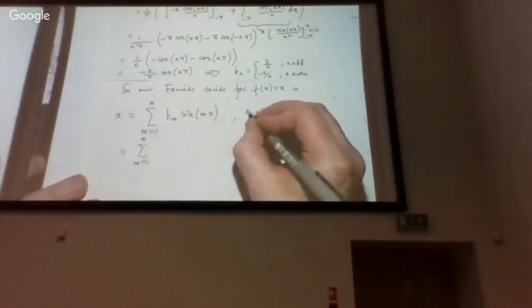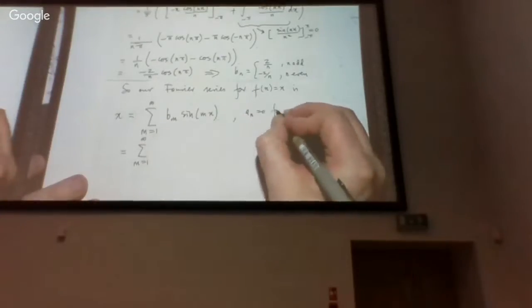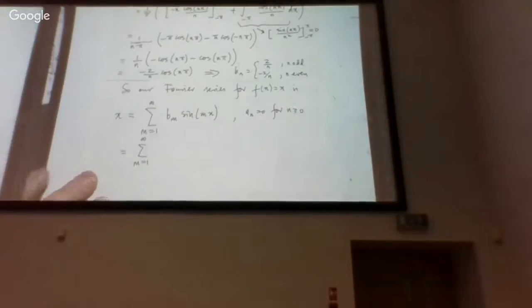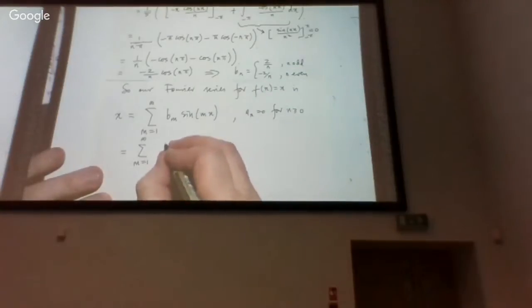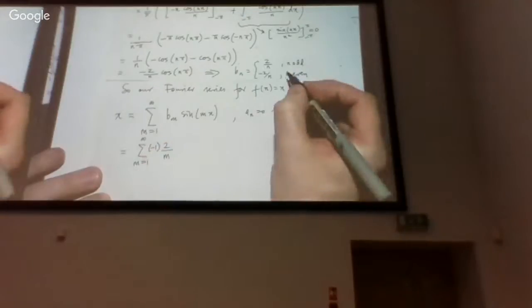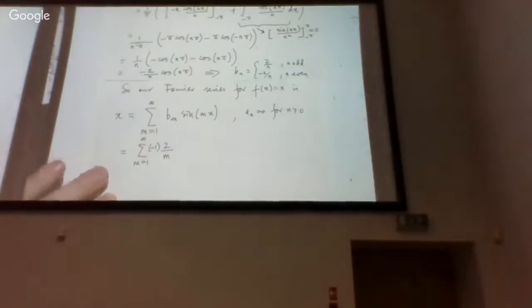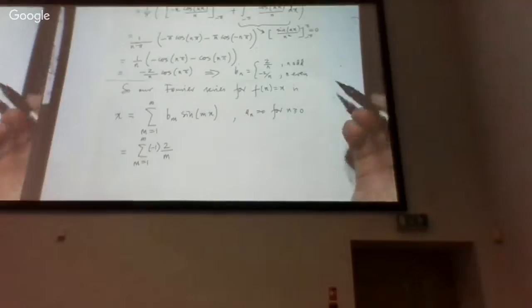That's true since an is equal to 0 for n greater than or equal to 0, as we found above. And bn is 2 over m, with a positive sign for odd and a negative sign for even.